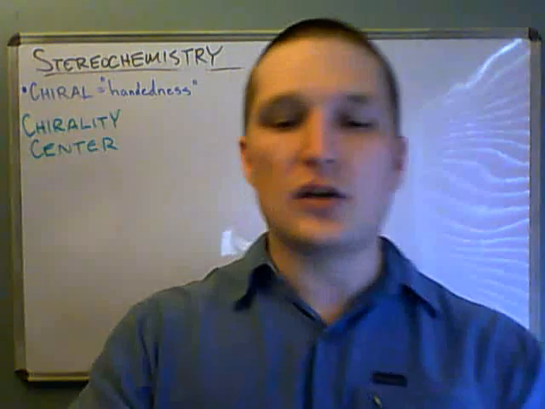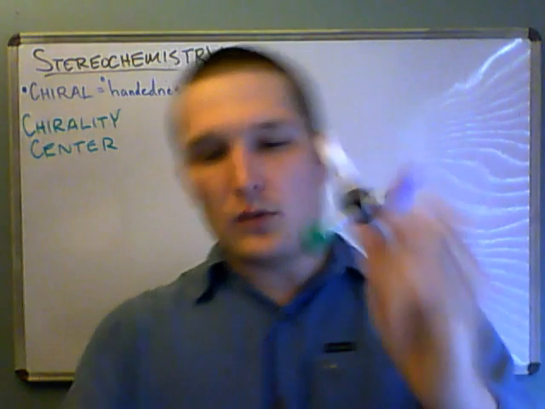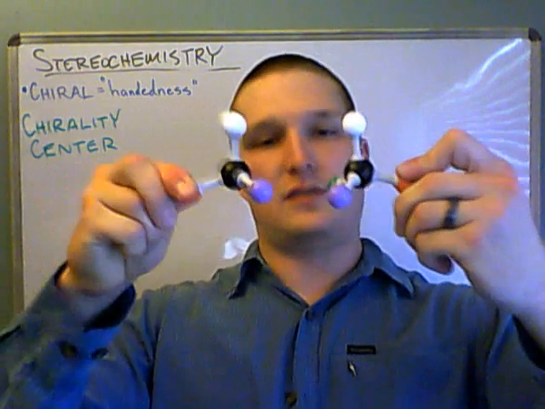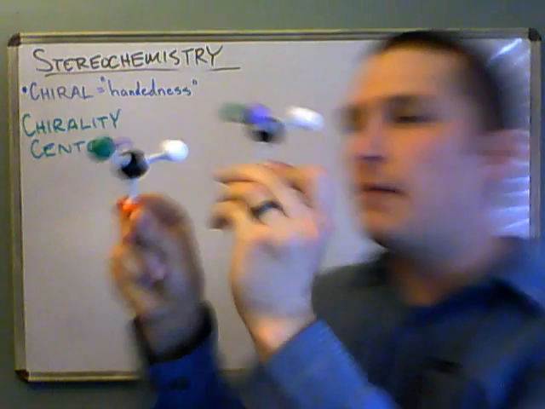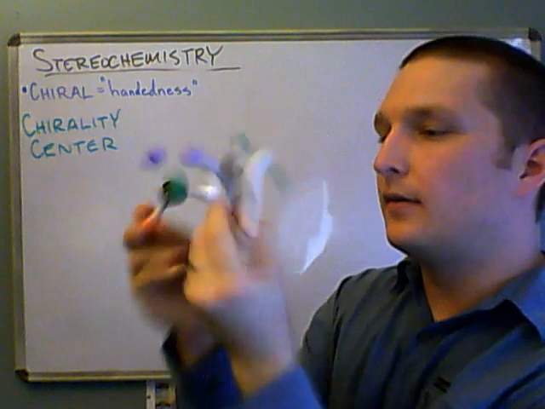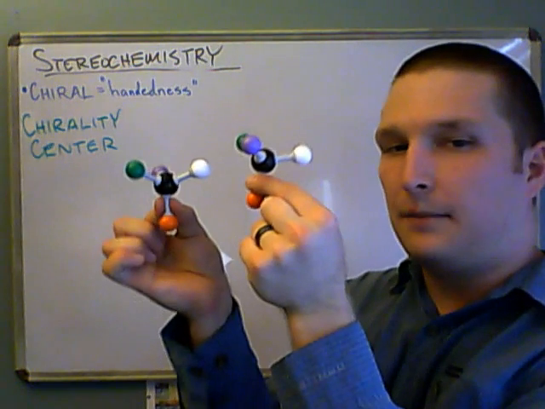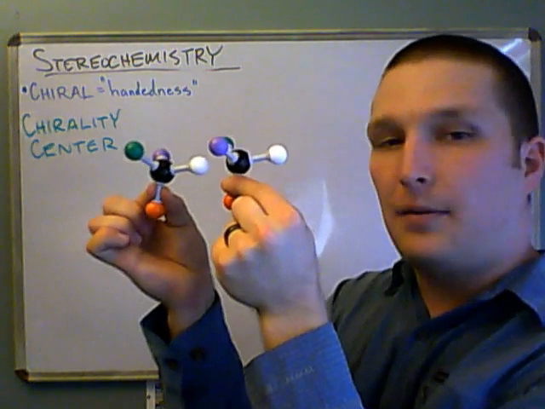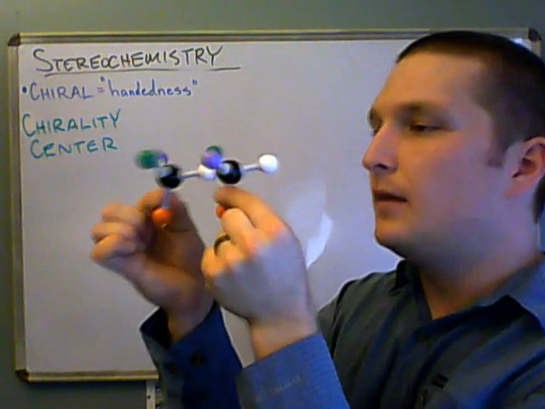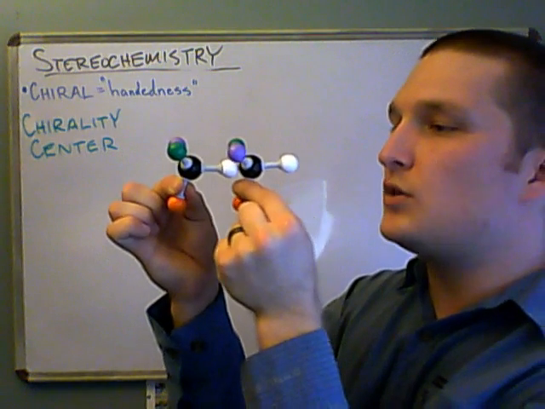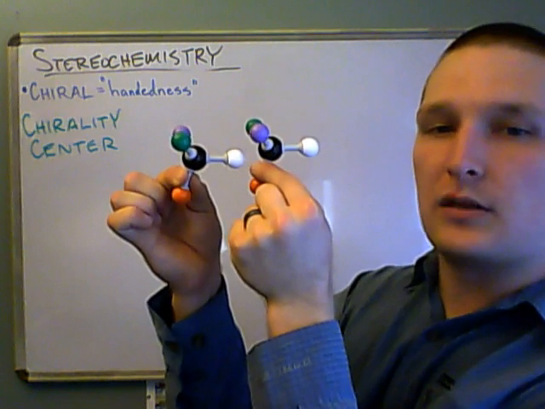Now let's take a look at that. We already saw that these two are mirror images of each other, that if you try to line them up one against the other, we have the orange on the bottom. If we try to line them up, then they don't match up, because on this one you have the green one pointing towards you, and this one, the purple one's pointing towards you.